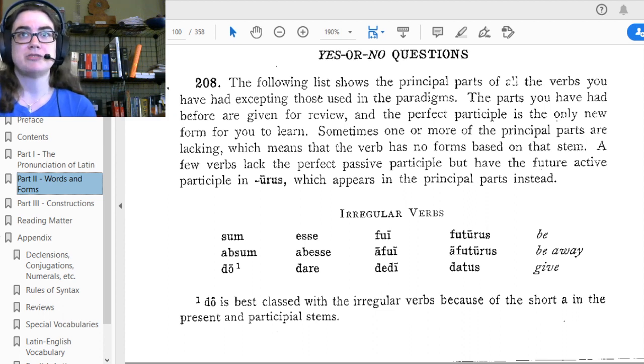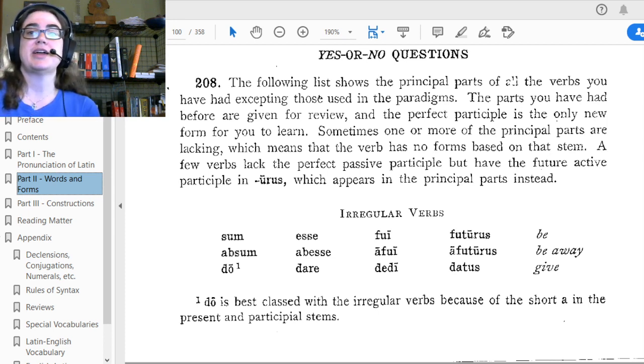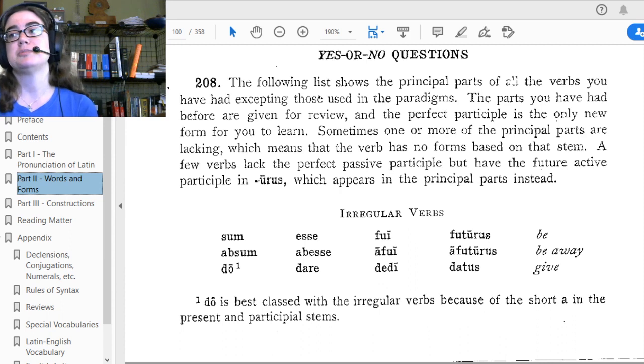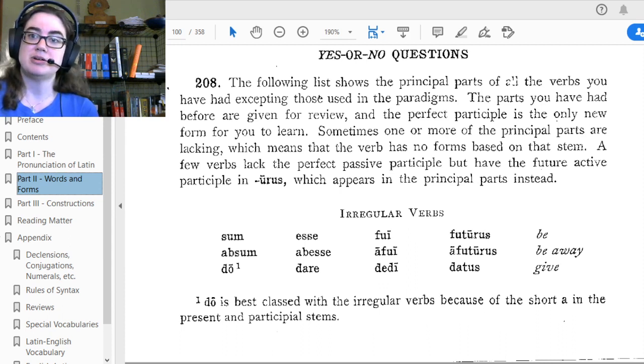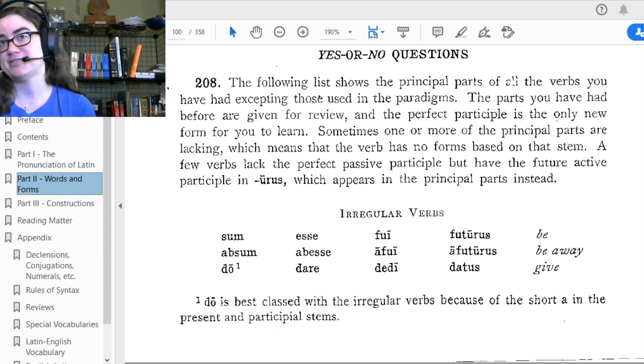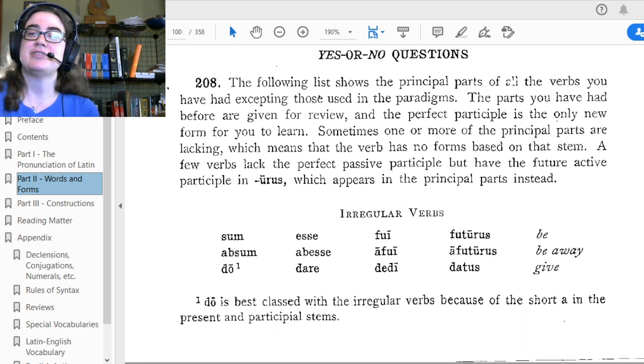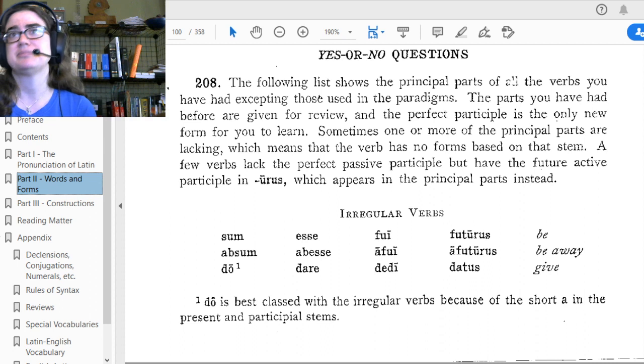Sometimes one or more of the principal parts are lacking, which means that the verb has no forms based on that stem. So if a verb did not have the first principal part, it would not have the present active stem. If a verb did not have the third principal part, it would not have a perfect active. If a verb does not have a fourth principal part, it does not have a perfect passive, right?